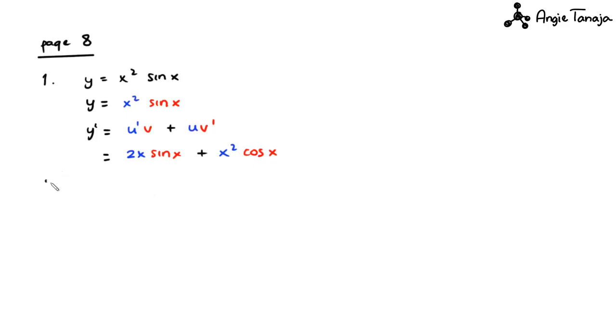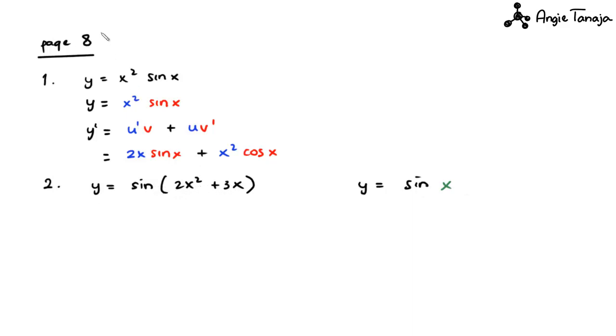Next for number 2, we also have y equal to, in this case, we're going to apply the so-called chain rule. Why do we apply the chain rule here? Because what we memorized is just sine x, or I just write it in green, like sine x. But what we have right now is sine of a certain function of x.